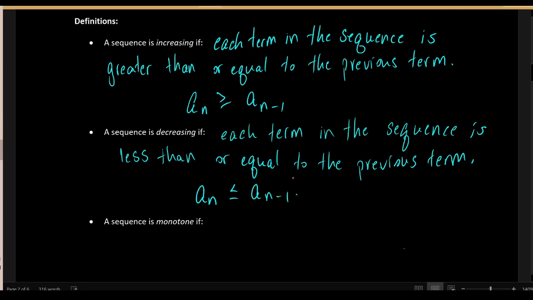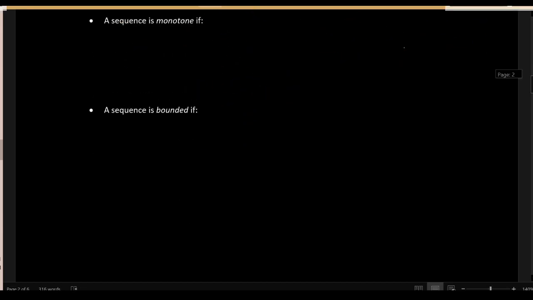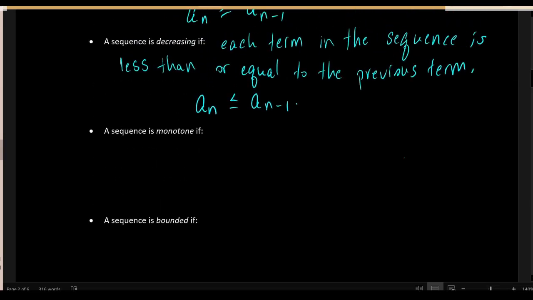Now, both increasing sequences and decreasing sequences are great and are necessary for the application of the monotone convergence theorem, which we will use in just a few minutes. So we have a collective term to describe that your sequence is either increasing or decreasing, and that word is monotone.